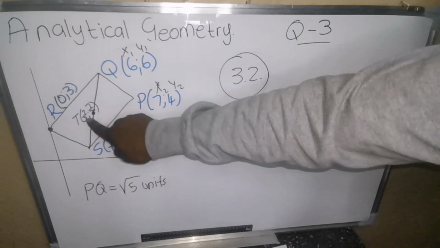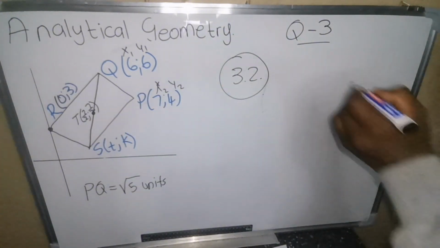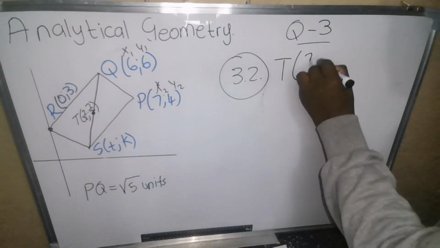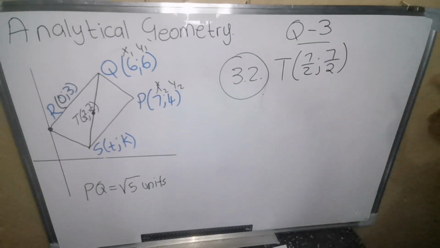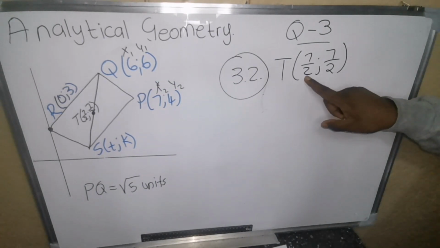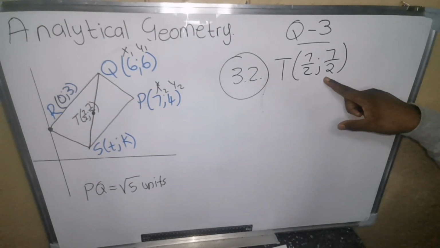And you need to look at the midpoint formula again. Now we are given the coordinates of our midpoint, which is 7 over 2, 7 over 2. These are our x and our y coordinate.